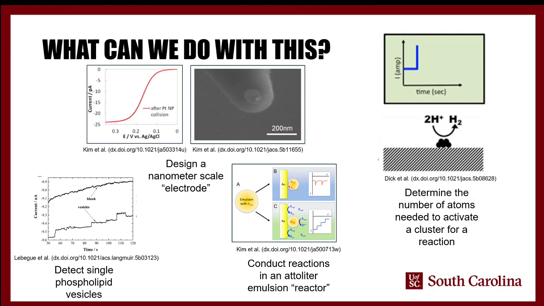And what he was able to determine is based on transient events where the cluster would form, hydrogen would start to be evolved, and then the bubble would sit on the cluster and stop its catalytic activity. He could determine based on the size of the step and some calculations for what an individual atom would do, how many atoms were actually present in the cluster.